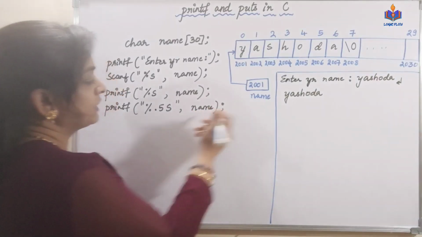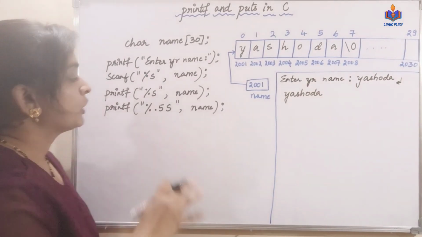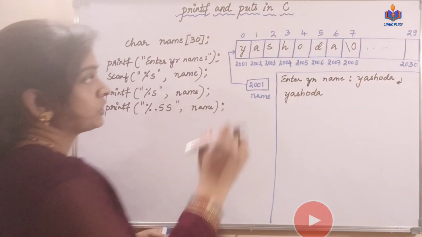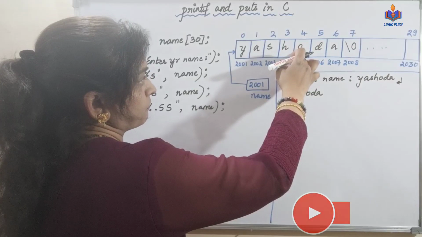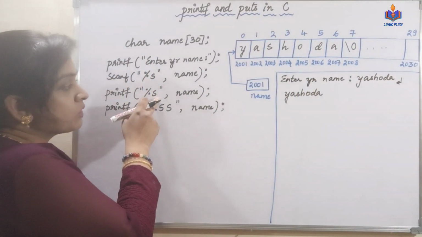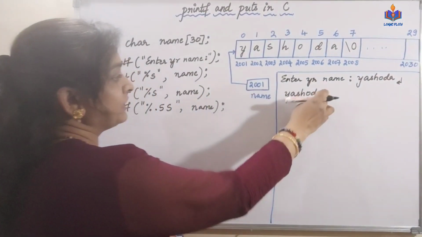So what the compiler will do, as soon as I say .5, it means you print the first 5 characters. So it is 1, 2, 3, 4, 5. So I'll get like this, and as I have not used the new line here, I'll get the output here itself. So my output will be printed here itself.